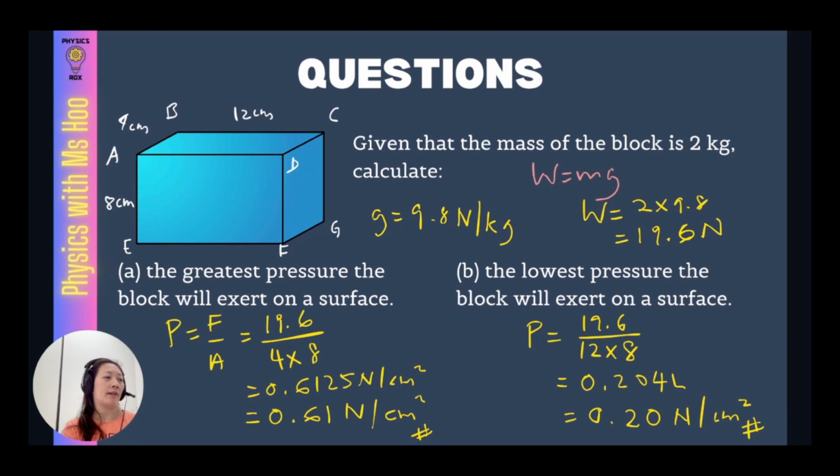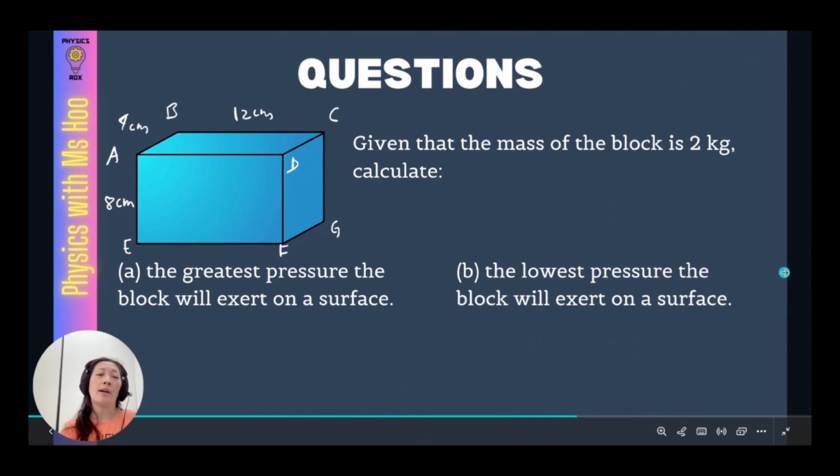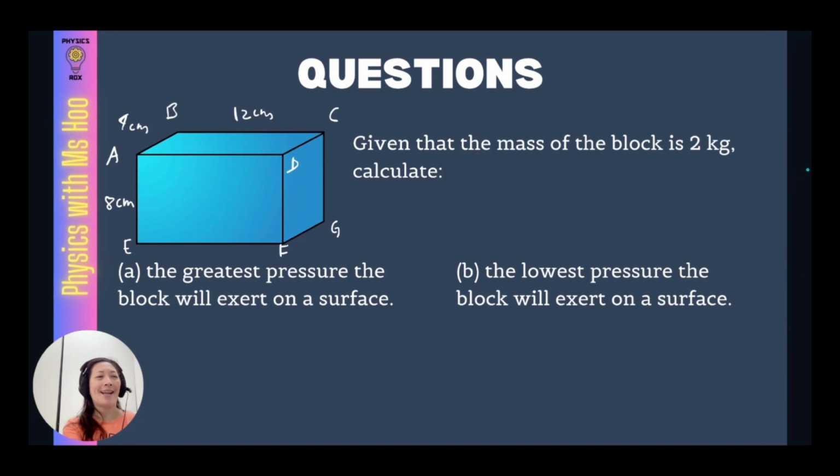I'm just going to write in a corner here that this is for IGCSE because we use a value of g as 9.8. Now, if you are taking SPM, it's actually exactly the same. The only difference is that the value for g is 9.81 meters per second squared instead of 9.8.